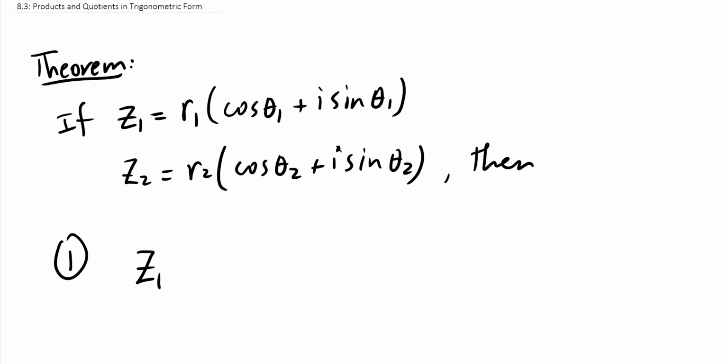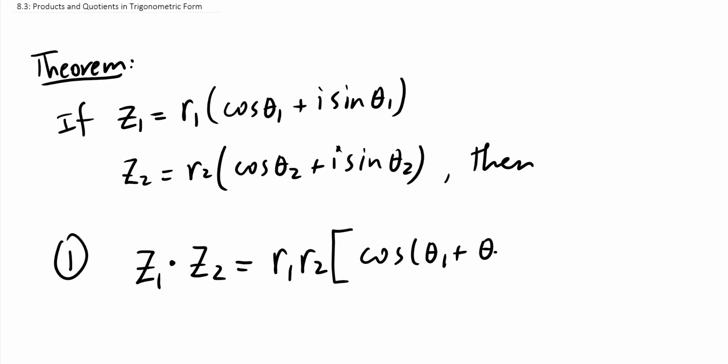We can multiply them, and it's not difficult to prove when you really want to prove this theorem. You multiply the r's, r1 times r2, and then we add the angles: cosine theta 1 plus theta 2 plus i sine theta 1 plus theta 2.